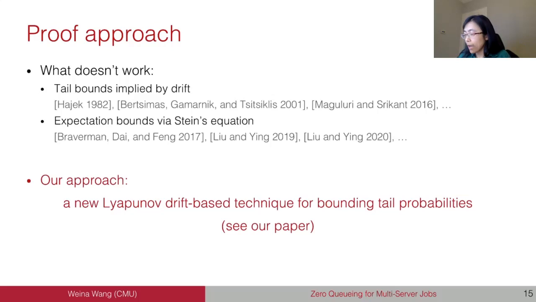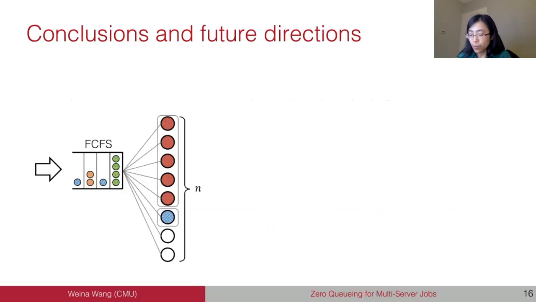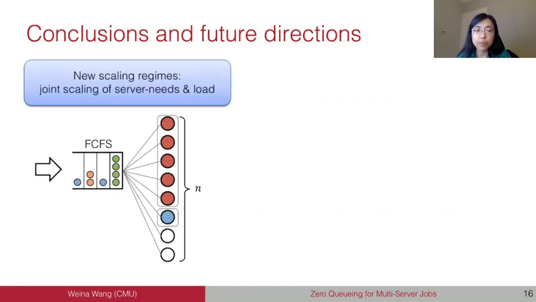Okay, so now let me conclude the talk. We studied a model with multi-server jobs. Those are jobs that can occupy multiple servers at the same time. We proposed a new scaling regime, which captures the joint scaling behavior of the server needs and the load, so both of them scale when n grows.